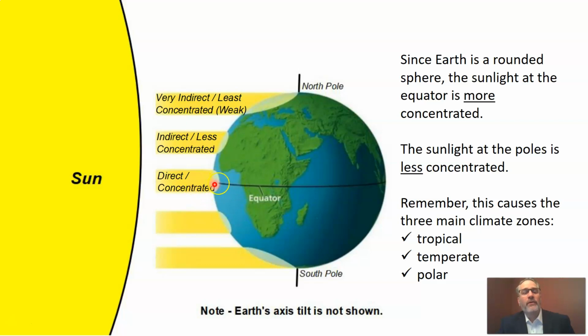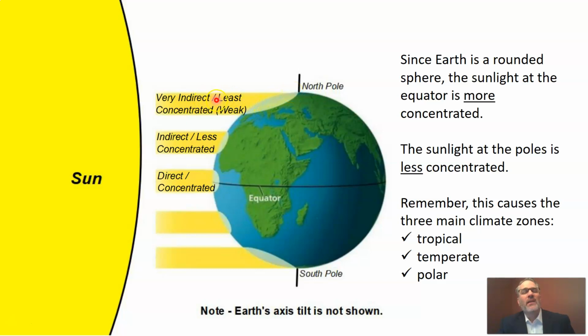Now I want to move from here at the equator up to the poles. The light up here, because Earth is a sphere, gets spread out more. So here it's not the light source that we're tilting, it's because Earth is round that we end up with this light and heat striking in this way.